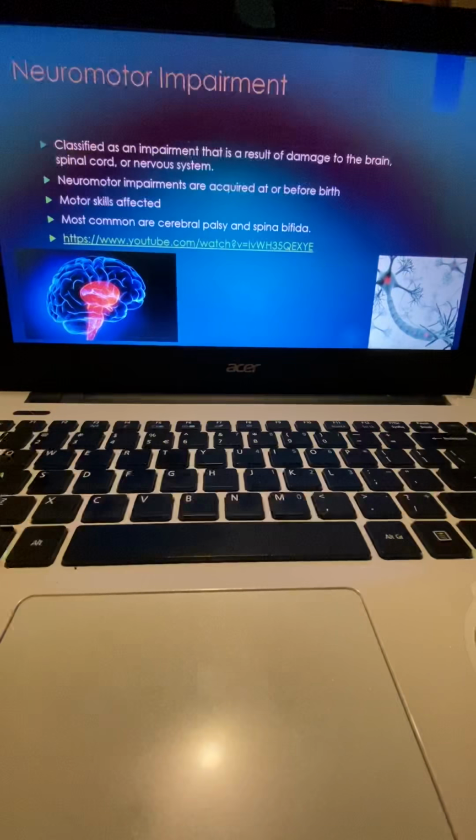So jumping into the first impairment, a neuromotor impairment is actually a result of damage to either the brain, the spinal cord, or any other portion of the nervous system.